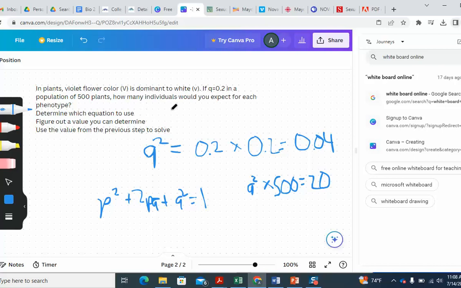So I was asked how many individuals you expect for each phenotype. I'm going to expect 20 that are white, and then everybody else in the population is going to be either heterozygous or homozygous dominant. So 480 individuals in this population are going to be violet.